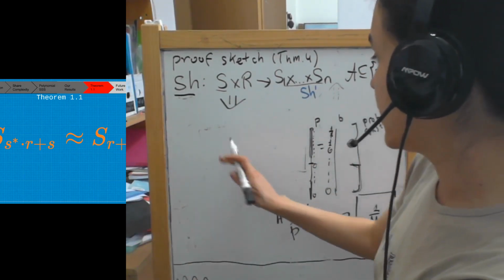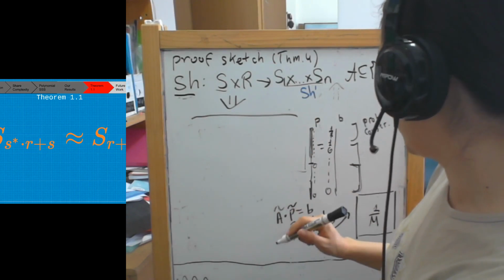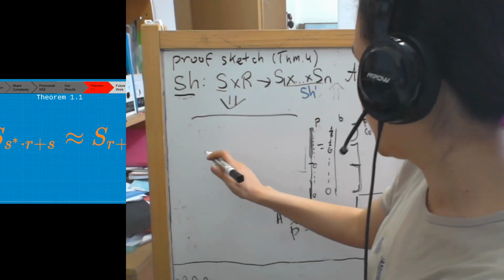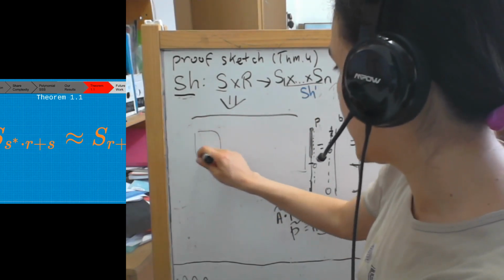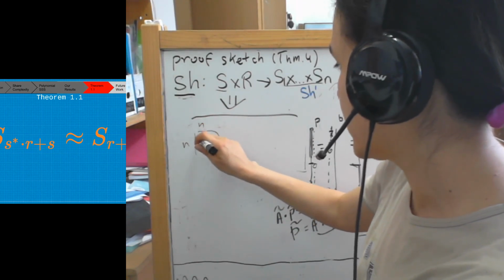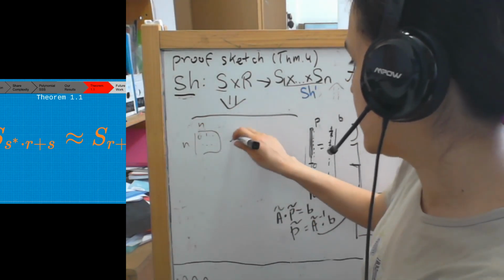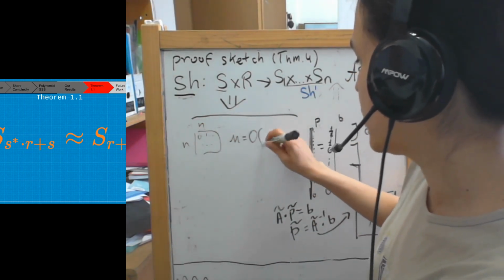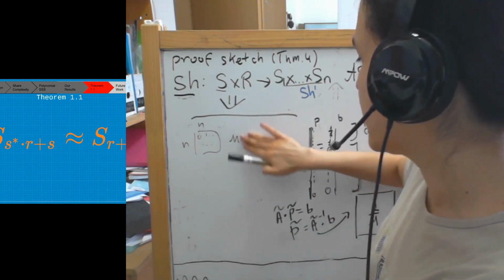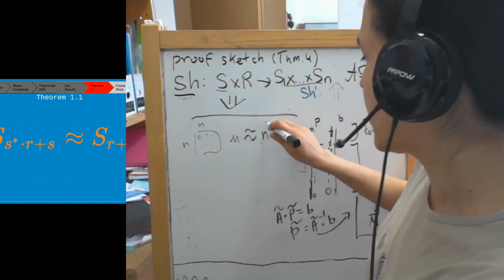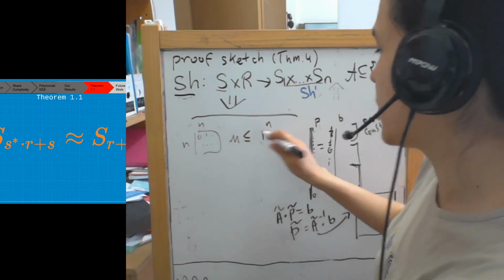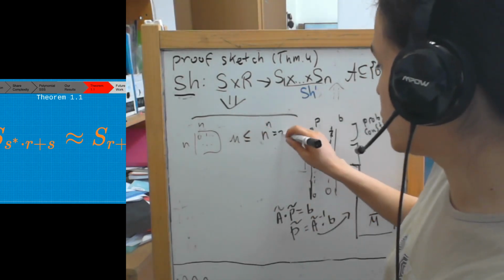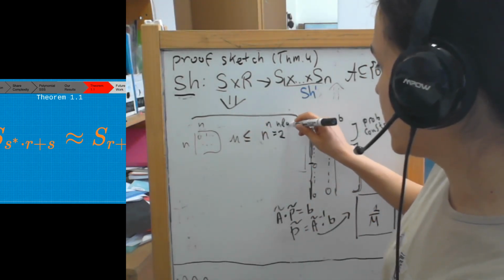Okay, so how can we bound this m? For an n by n matrix of zeros and ones, this m is upper bounded by something like n to the n. So it's 2 to the n log n, right?